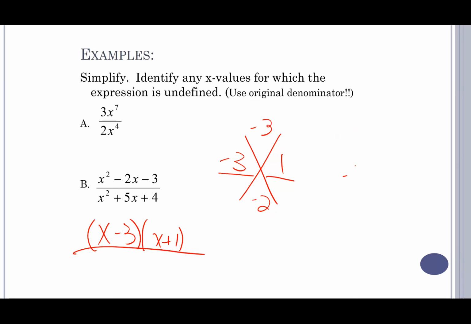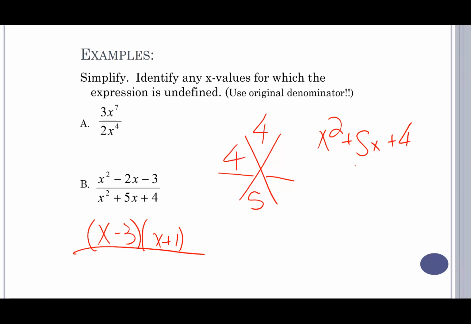So I'm going to use the space to factor my denominator. My denominator is x squared plus 5x plus 4. Again, 1 times 4 is 4, and b is 5. So I'm looking for two numbers that multiply to 4 and add to 5. Obviously, it's not 2 times 2.